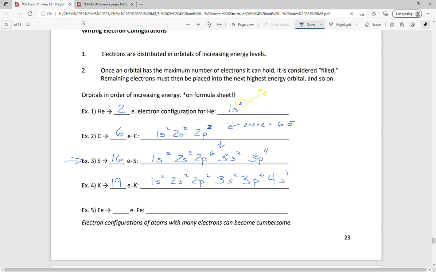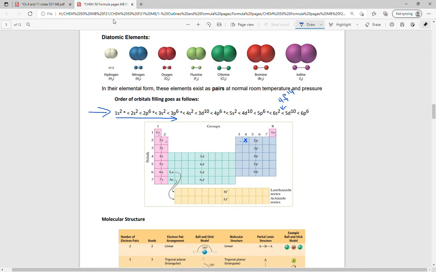If I add all these up, I was looking at this energy level filling chart, or I can find potassium on the periodic table and use that as my guide. So potassium would be here. So 1s2, 2s2, 2p6, 3s2, 3p6, 4s1 puts me at the location of potassium. So either you're using this as your guide or this image.